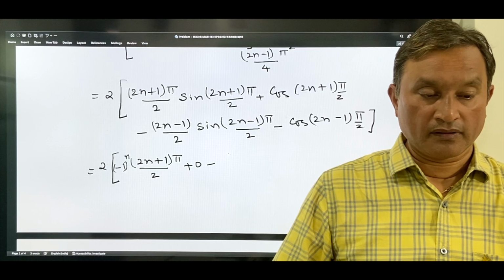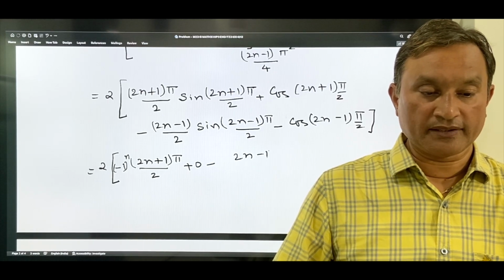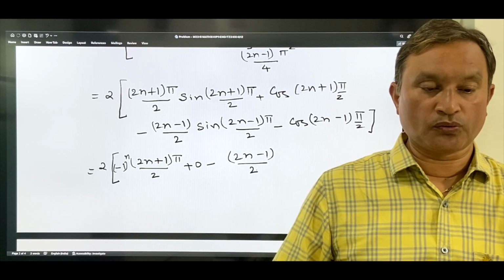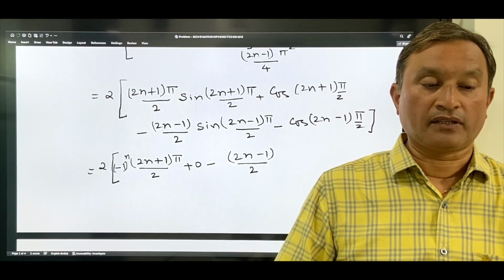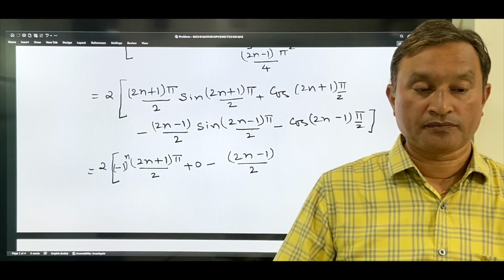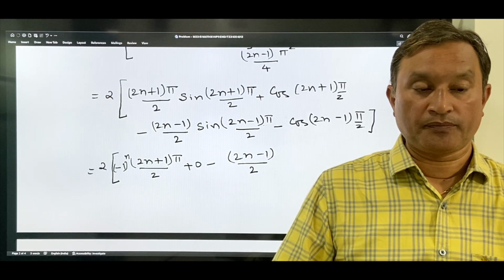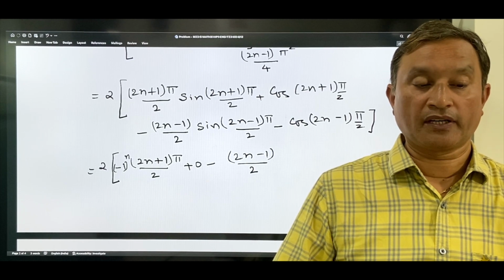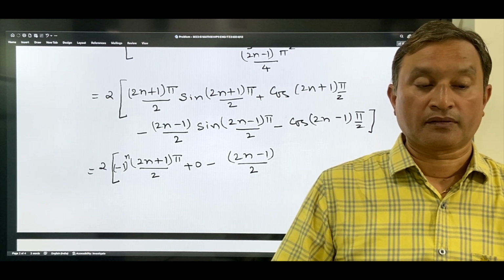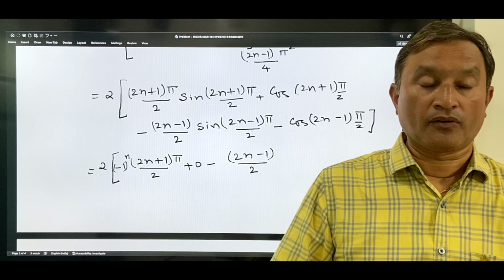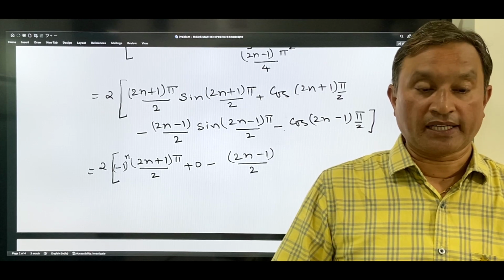Minus (2n minus 1) upon 2, where the angles give pi by 2, 3 pi by 2, 5 pi by 2, again odd values.